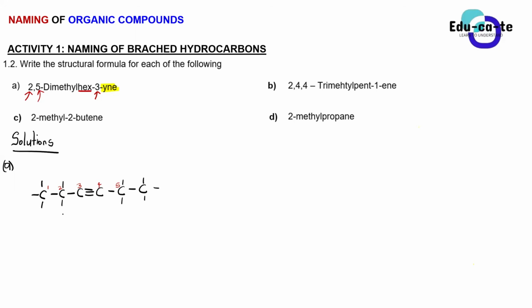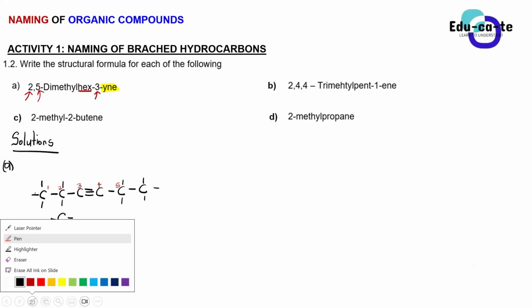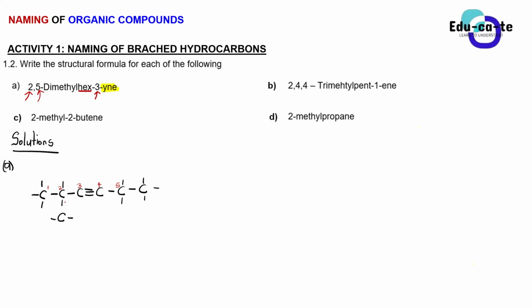A methyl group is a carbon on the side that is not part of the parent chain, because you already drew the parent chain. So your methyl group is not part of it. You take it out. It's just a carbon made up of 3 hydrogens. So that's the first methyl group.